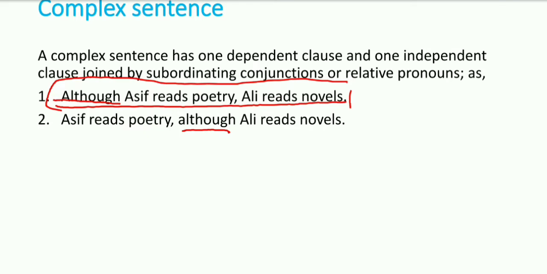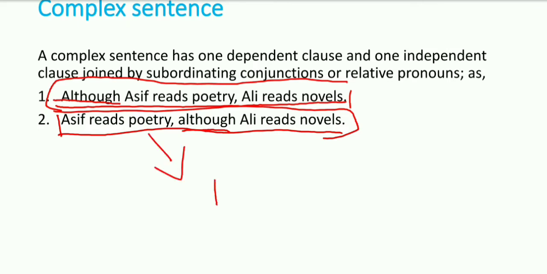And if you write the second one, Asif reads poetry although Ali reads novels, likewise, if you write these types of sentences, these are called loose sentences, and loose sentences are always considered informal.